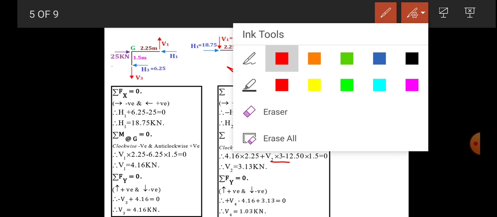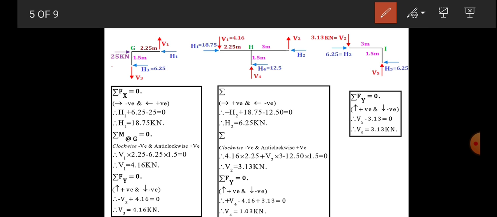Then next is the force 12.5, which rotates about H in a clockwise sense, and the lever arm is 1.5, so minus 12.5 into 1.5 is equal to 0. By solving, V2 is equal to 3.13 kilonewton, positive, so we assumed up, and up is correct.